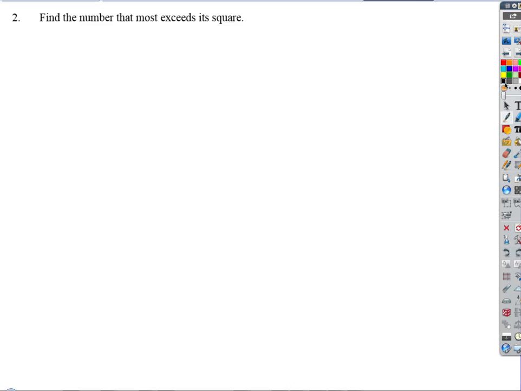All right, so the number that most exceeds its square, what's our variable? X. X is some number, right? So what's the primary equation that we're setting up, some function? Call it whatever you want, F. So f of x is what in this case?